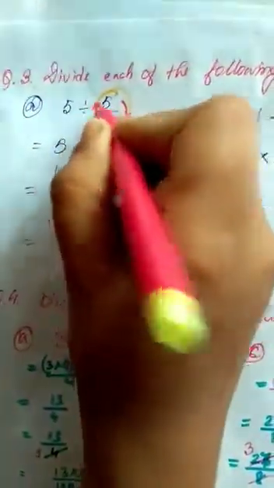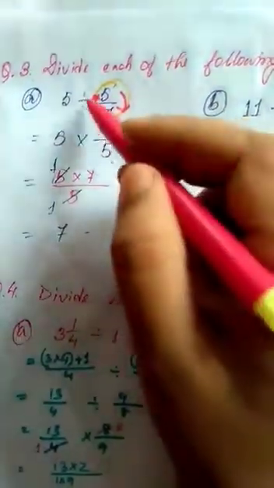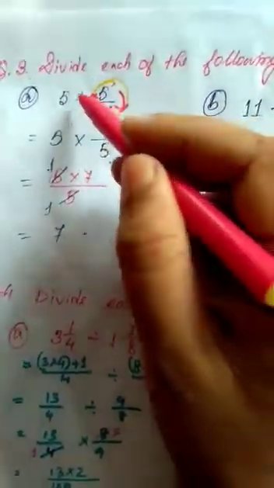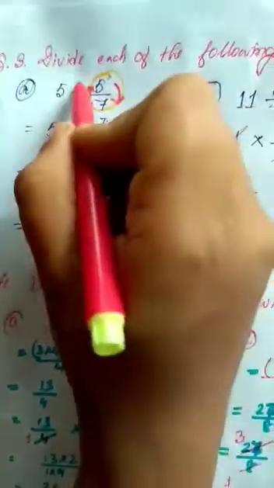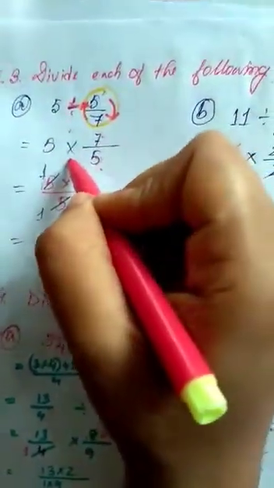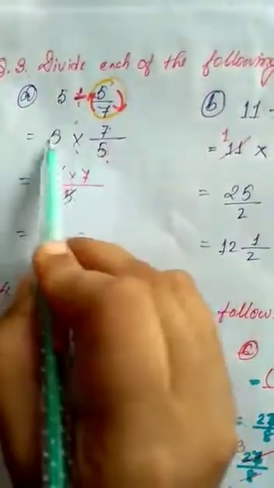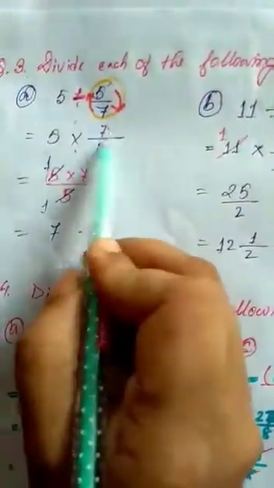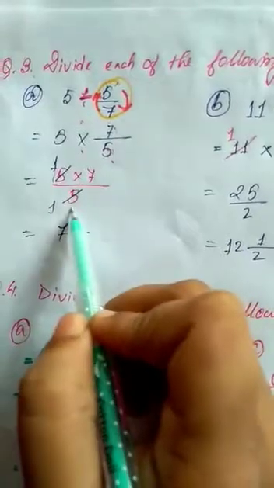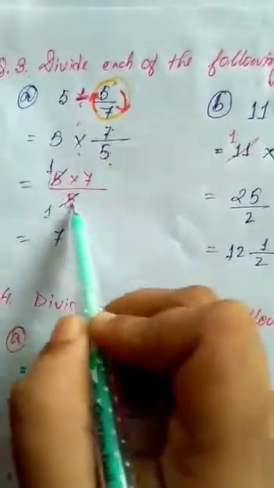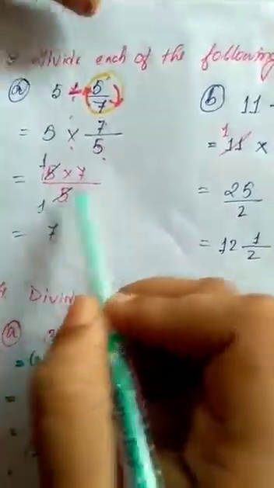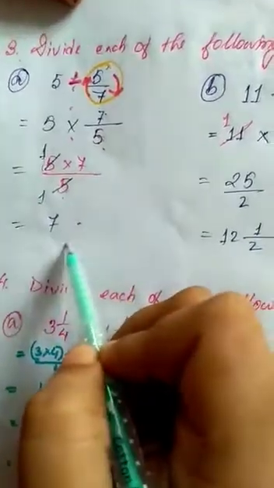And when we have interchanged this, we have to change the sign also. It's a divide, so we have to write a multiplication sign here. So 5 into 7 by 5, and these two are multiplied, numerator and whole number. So 5 into 7 divided by 5. So 5 and 5 we can cancel. 5 ones are 5, 5 ones are 5. Now only 7 is the result.